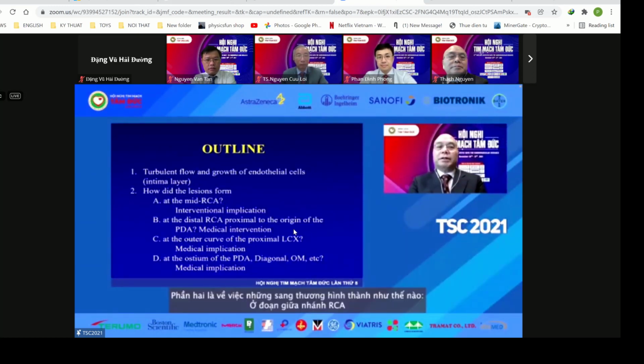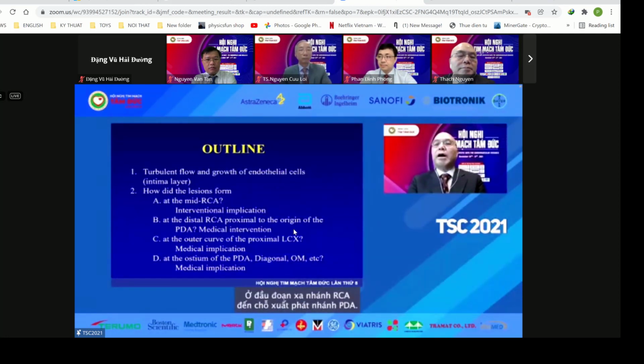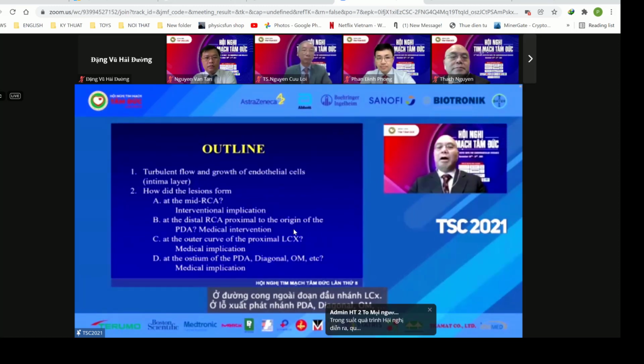The second part is how lesions form at the mid-right coronary artery, at the distal right coronary artery proximal to the origin of the PDA, at the outer curve of the proximal circumflex, and at the ostium of the PDA or diagonal or marginal.